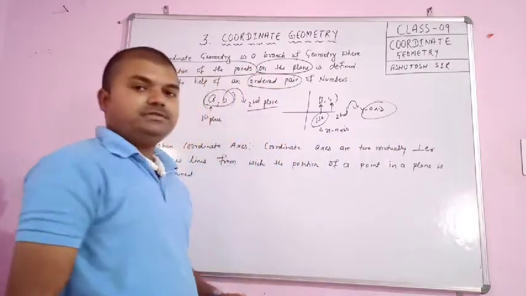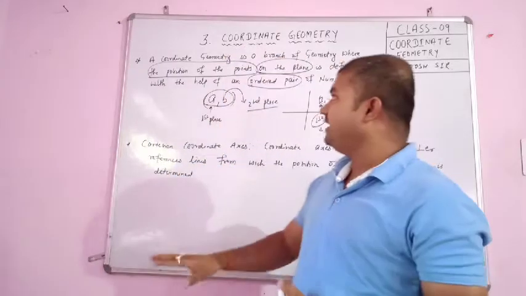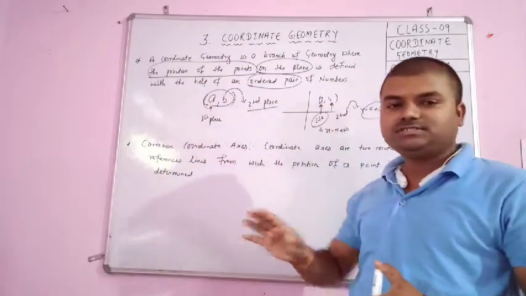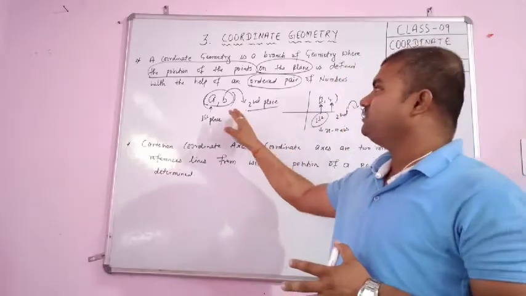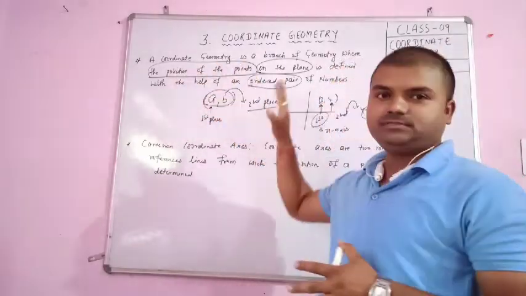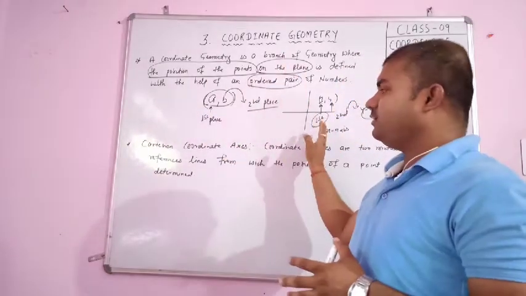So from the definition, we say that coordinate geometry is a chapter in which we discuss the position of points on the plane.